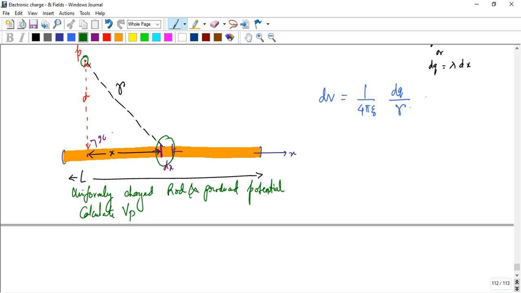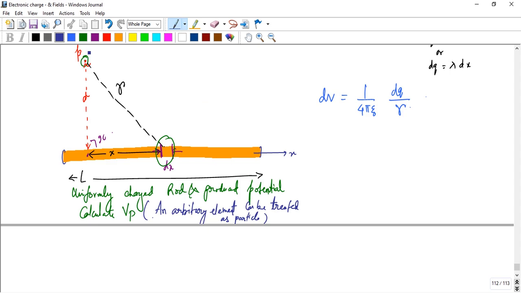This arbitrary element can be treated as a particle, like a charged particle, which is a very important point.